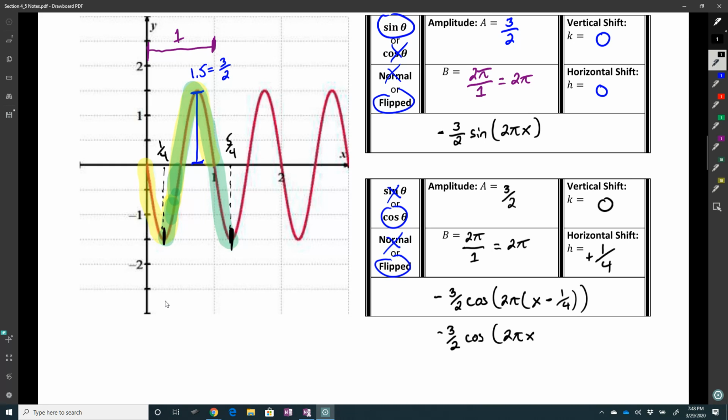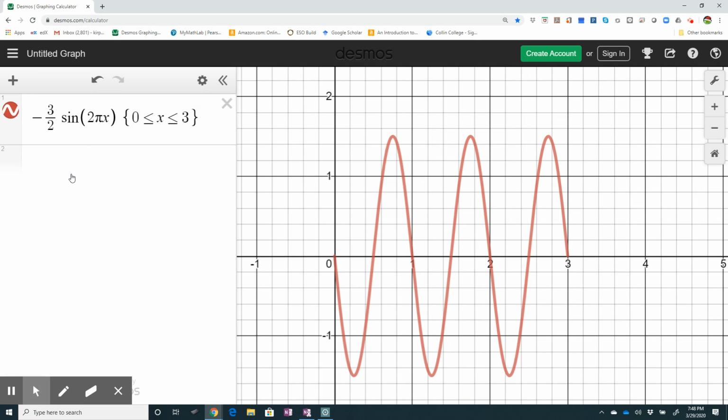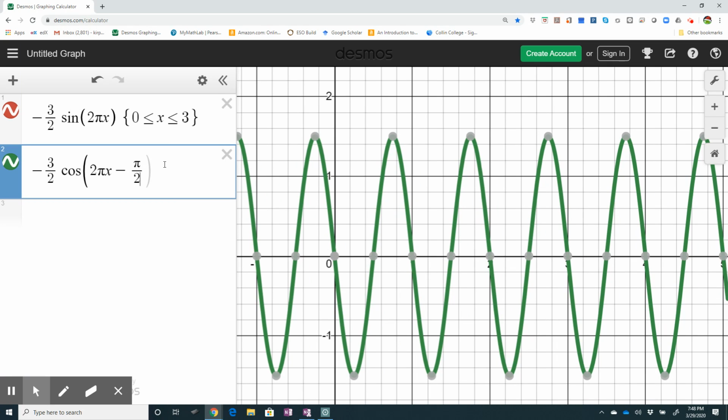Distribute the 2 pi. 2/4 is pi/2. So minus pi/2. There you go. So I can go back over here to Desmos and type in negative 3/2 cosine 2 pi x minus pi/2. And notice I get the exact same picture.